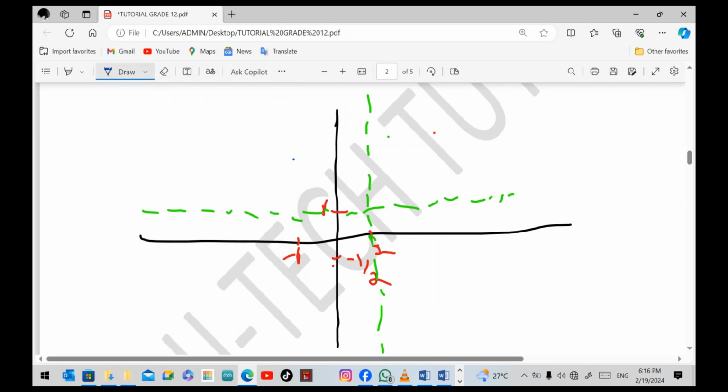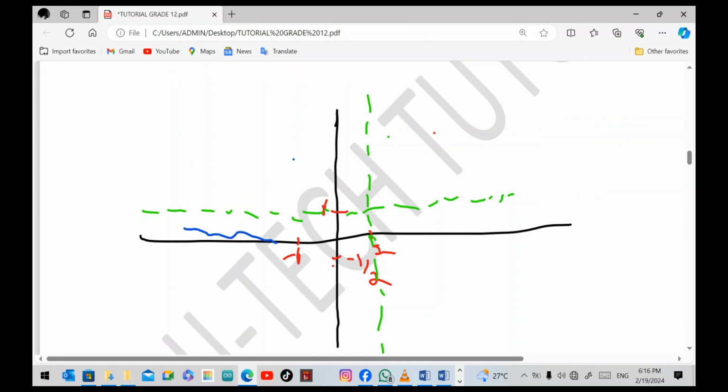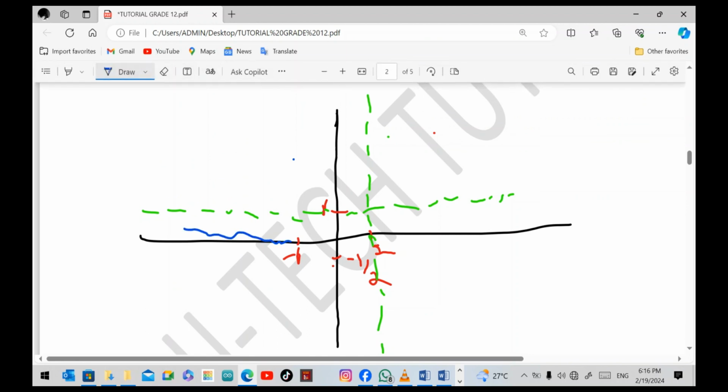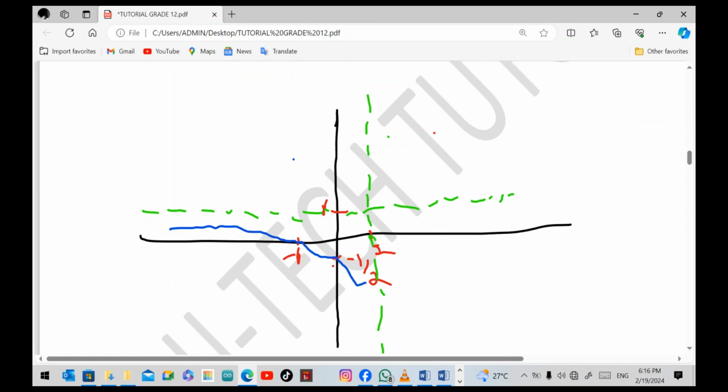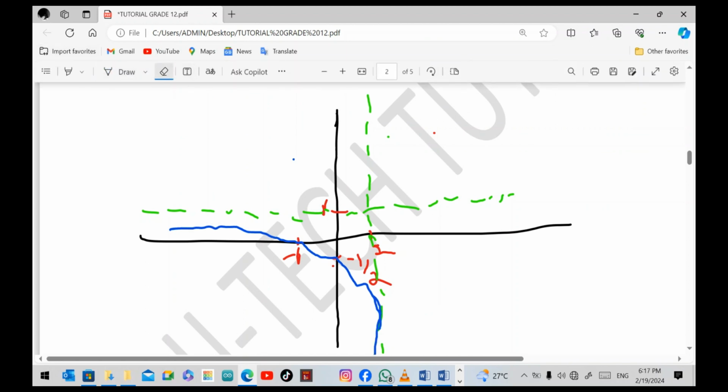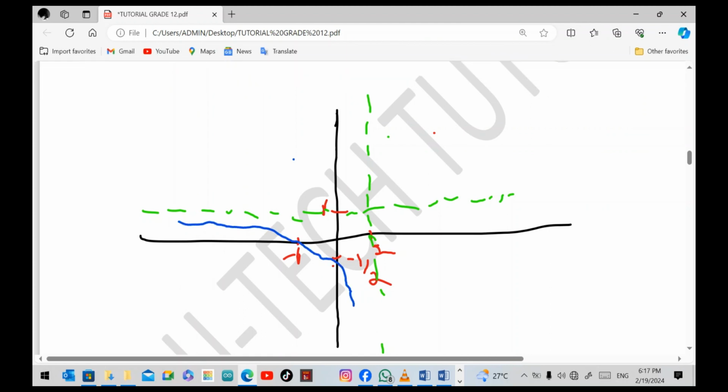The graph should not cut or intercept the asymptote. It should be like this. This is wrong. It should not intercept the asymptote at all. Now this is how it should be.